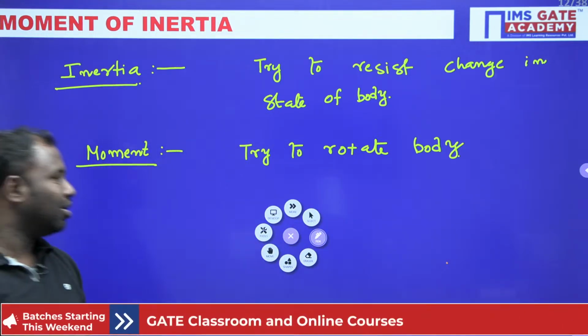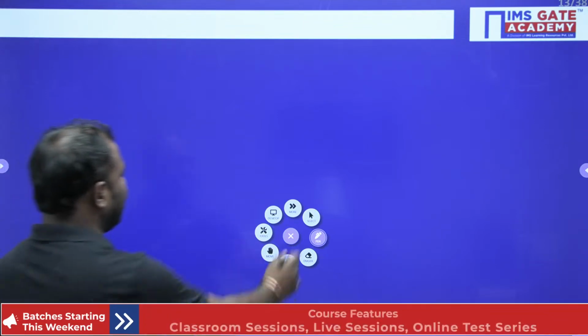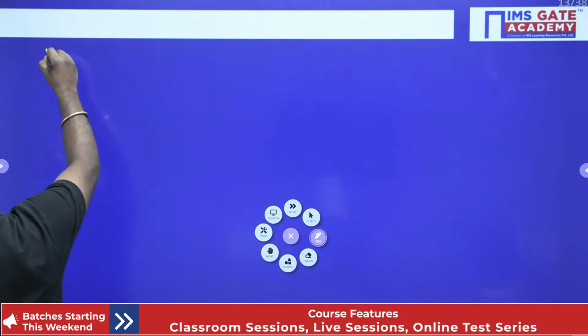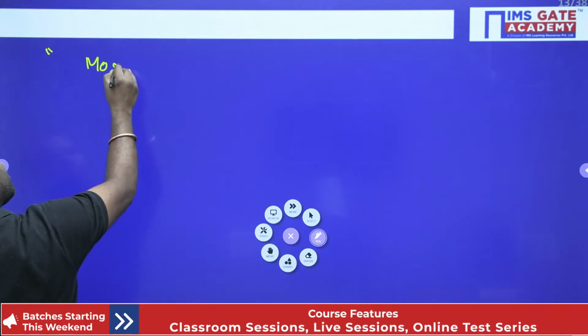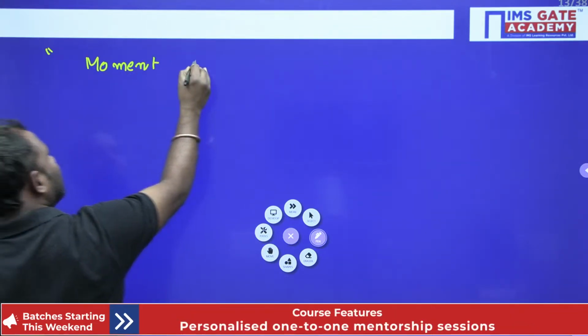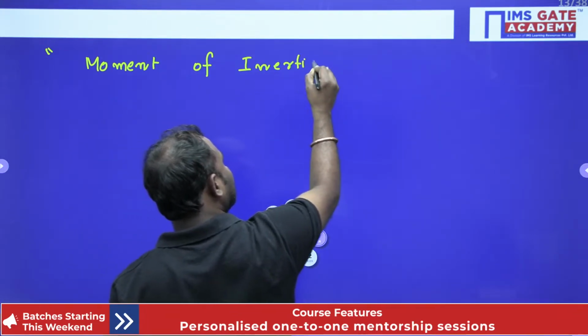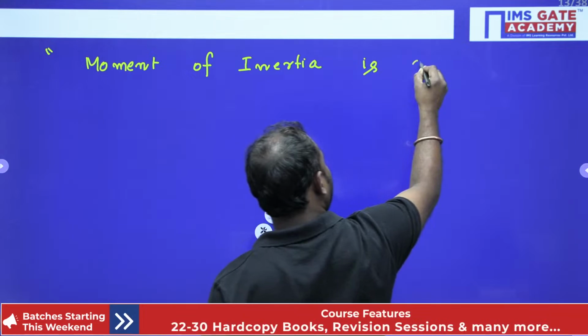Now let me give you the definition, guys. Moment of inertia is the property of body.